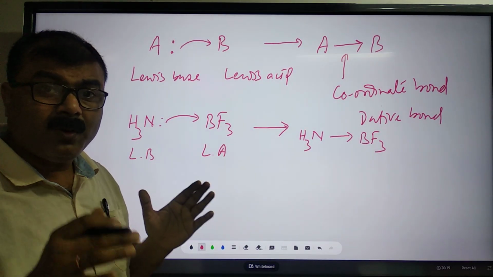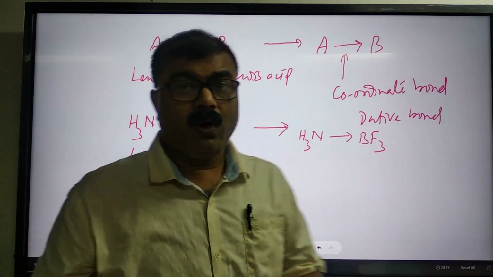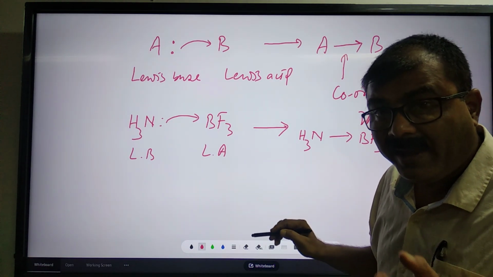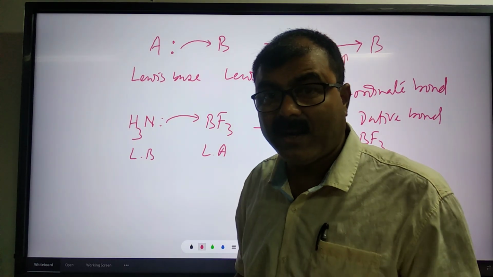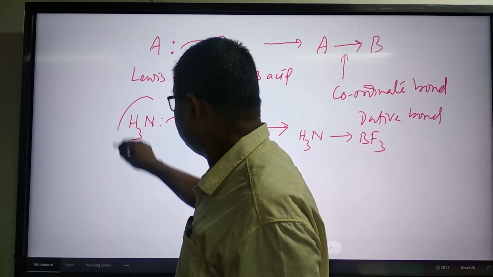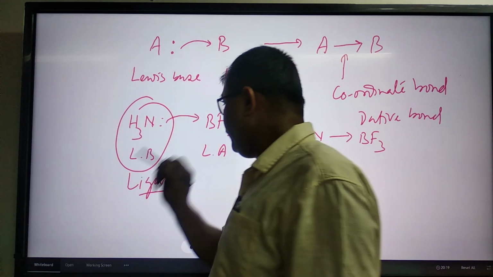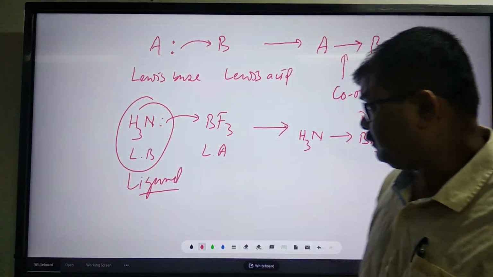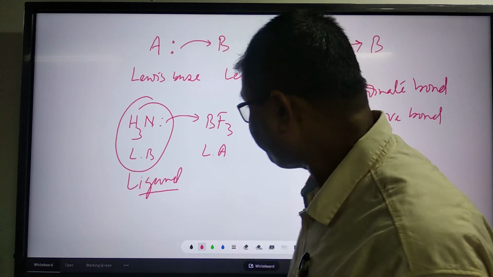Now in the case of coordination compounds, this bond is always formed between what? Ligand and metal. This is the ligand. I said ligands are what? In detail, we will cover the ligand in another topic. These ligands are nothing but Lewis bases.